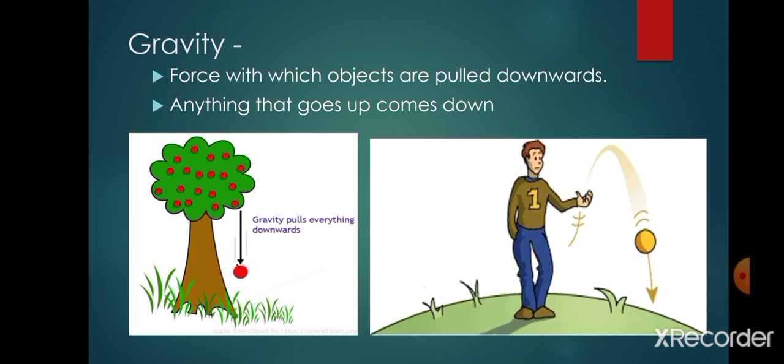In the other, a person has thrown a ball up, but eventually it will come down due to the force of gravity. If there was no gravity on earth, we all would be floating in the air. So due to the force of gravity, whatever goes up will come down for sure.